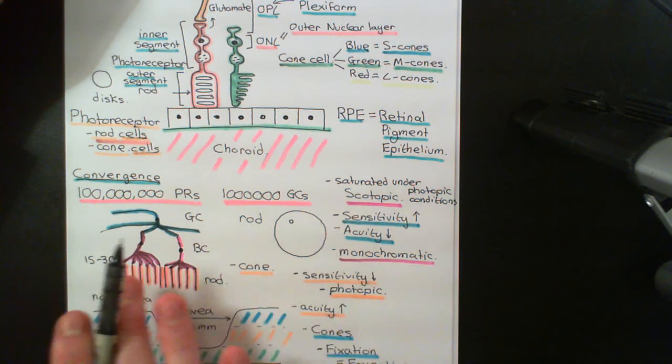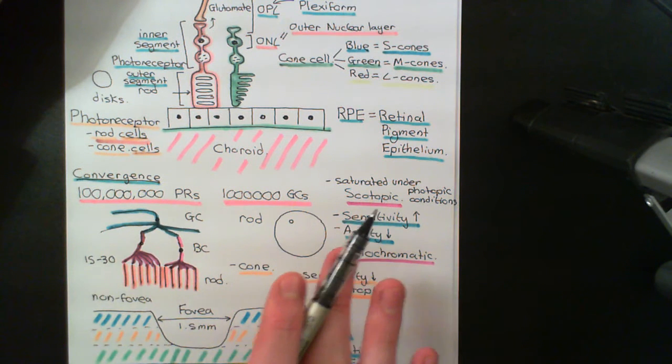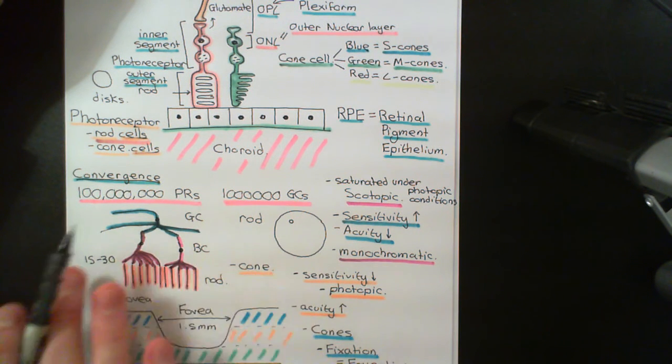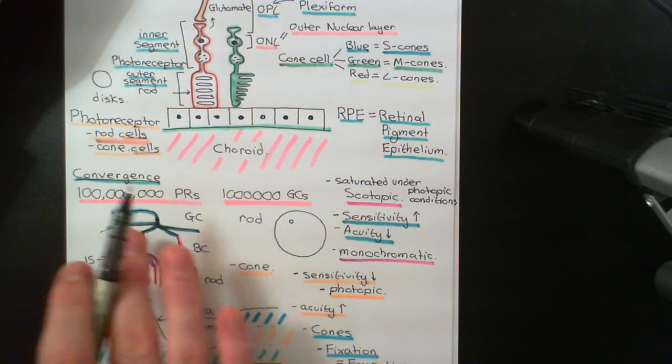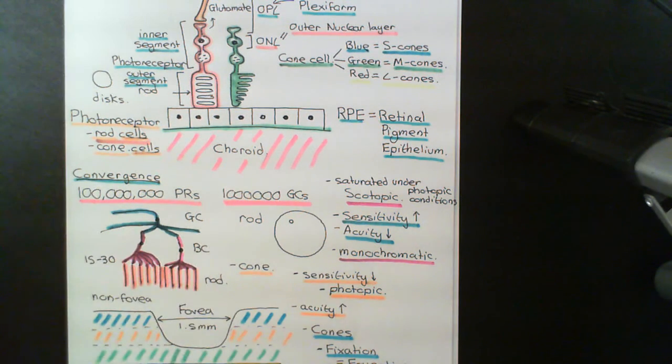Okay? The reason being that the light is too intense, and you've got rod photoreceptors corresponding to this ganglion cell being activated all the time, leading to the activation of this ganglion cell to fire action potentials. That means that you're not actually going to get any decent visual information at all.